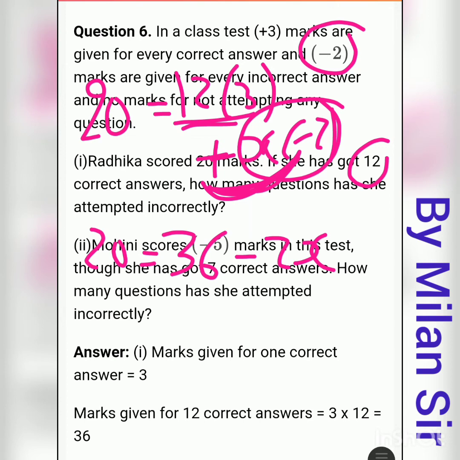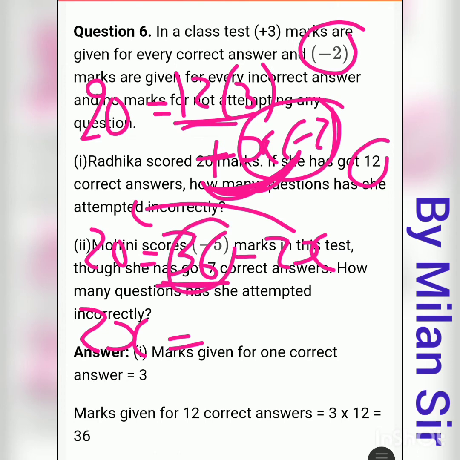For that we need to transfer this -2x to the left hand side and 20 to the right hand side, because the negative sign is there. If we transfer -2x to the left hand side, it becomes +2x. If we change the sides, then we need to change the sign, so this negative sign becomes positive.